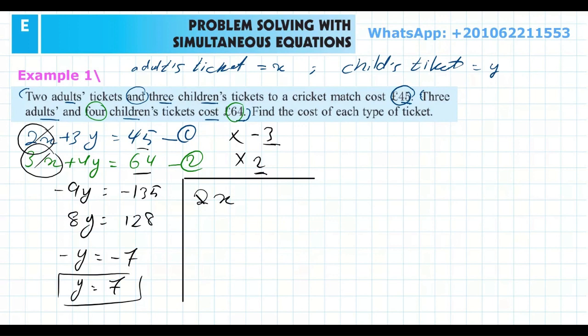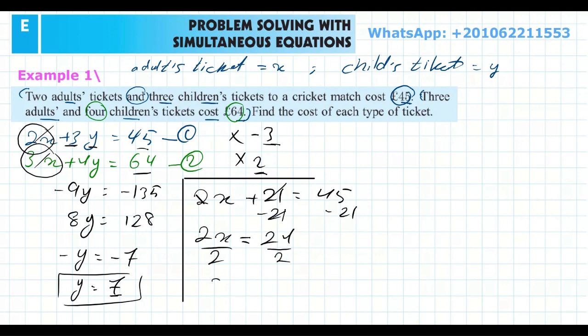Then instead of 3y, it becomes 21, because 3 by 7, which is the value of y, becomes 21, equals 45. Then subtracting 21 from both sides, then 2x equals 24. Divided by 2, x should equal just 12.